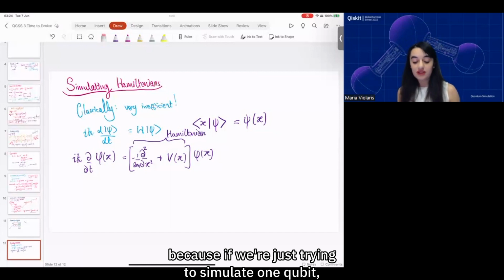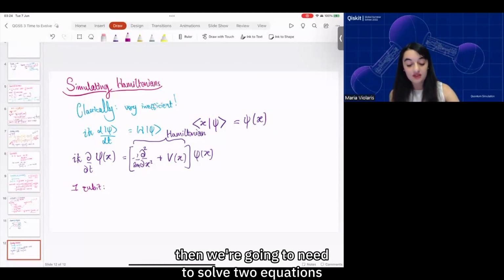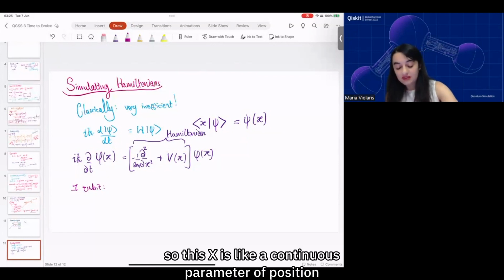If we're just trying to simulate one qubit, then we're going to need to solve two equations, because this x is like a continuous parameter of position over space.